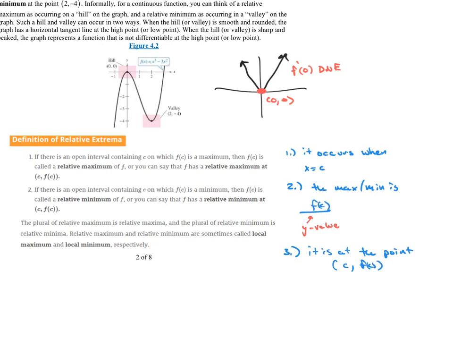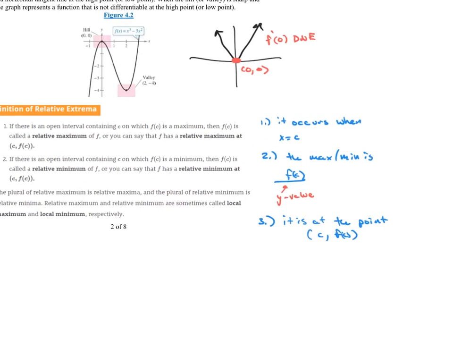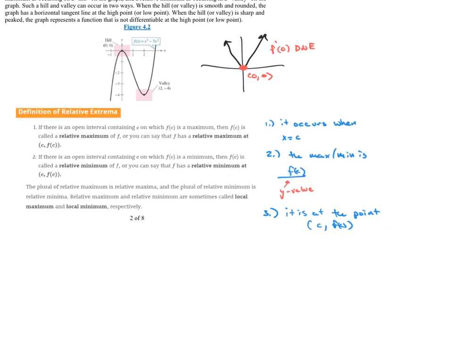Okay, so there are 3 ways that you can answer a question about where's the maximum. You could tell me just the x value. You could say that it occurs at, but you do need to write x equals. You could give me the y value, or you could give me the point. And you have to really read your questions to understand what the reader cares about.